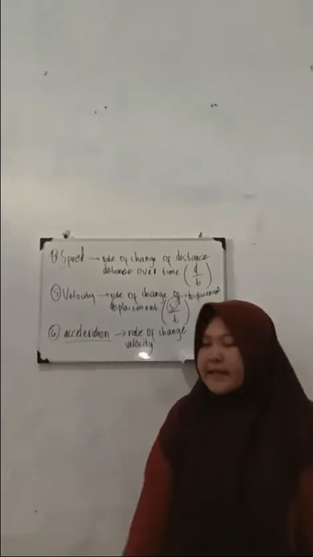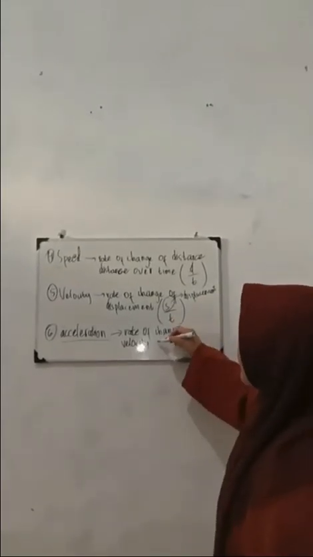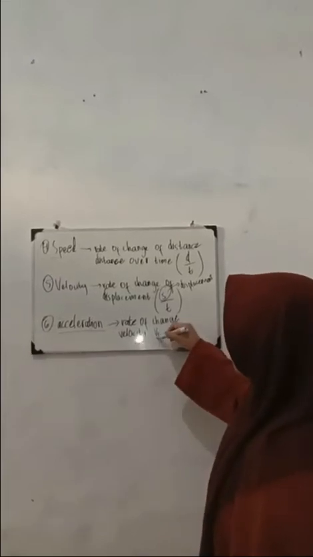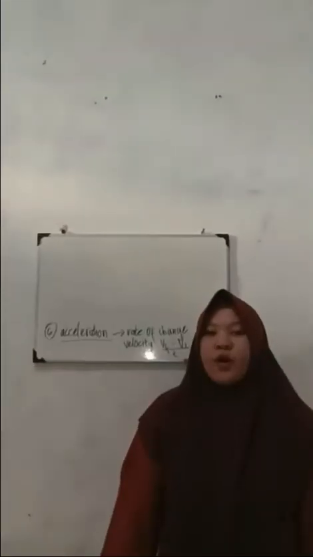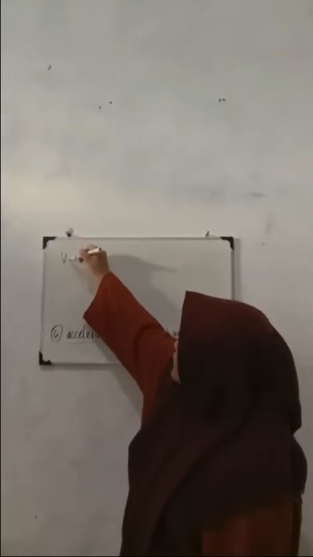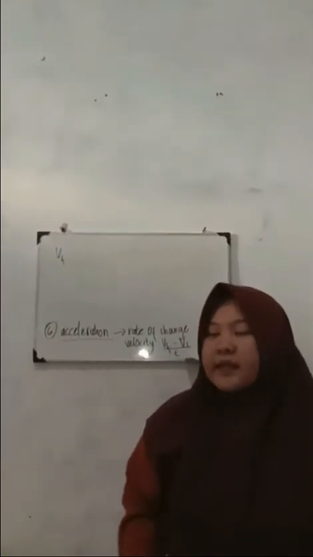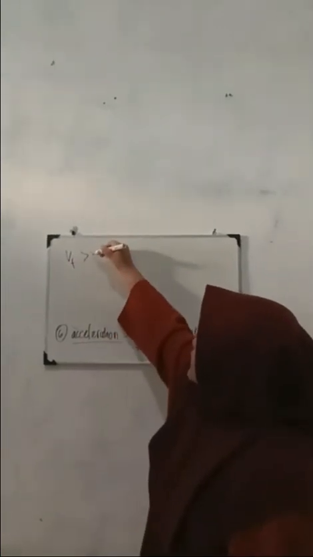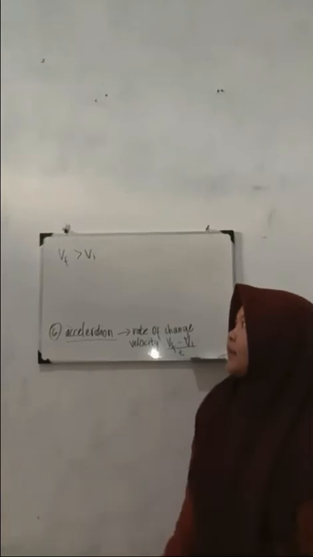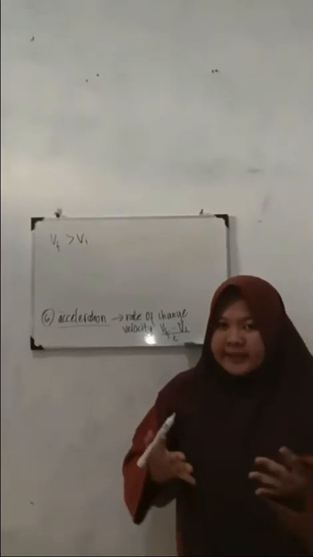Okay, the formula for acceleration is V final minus initial V over time. So when the final velocity is greater than initial velocity, we say that the object is accelerating.